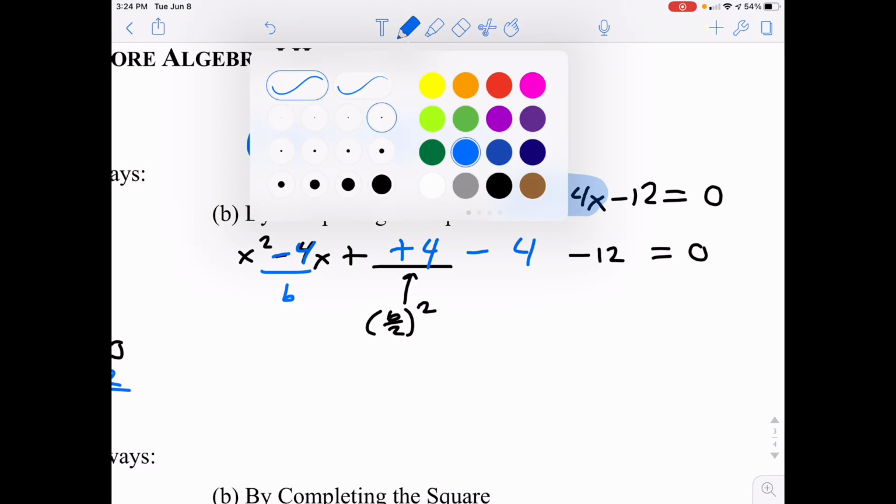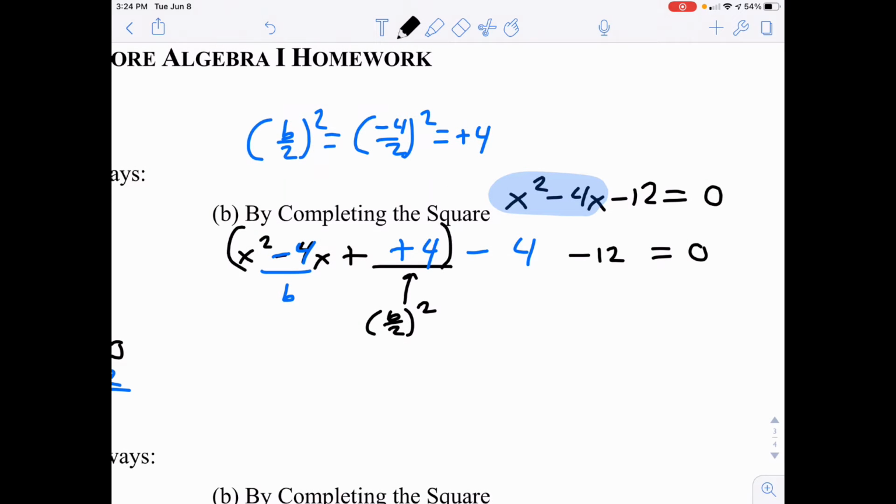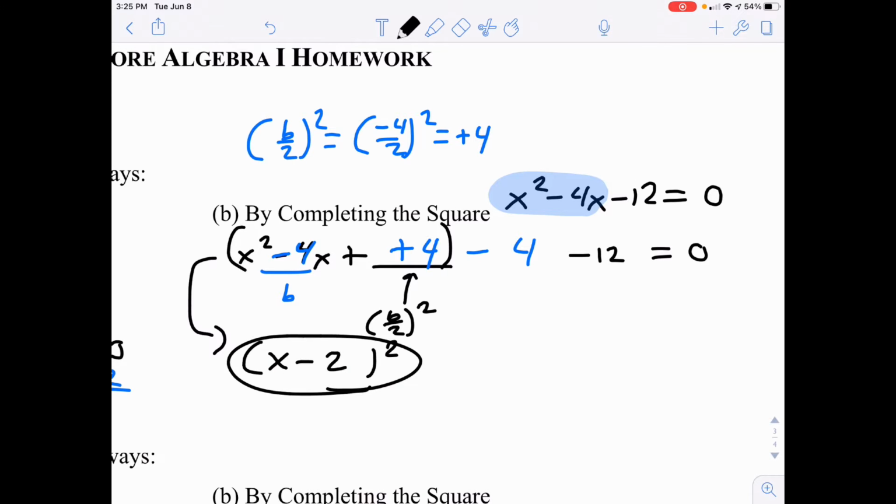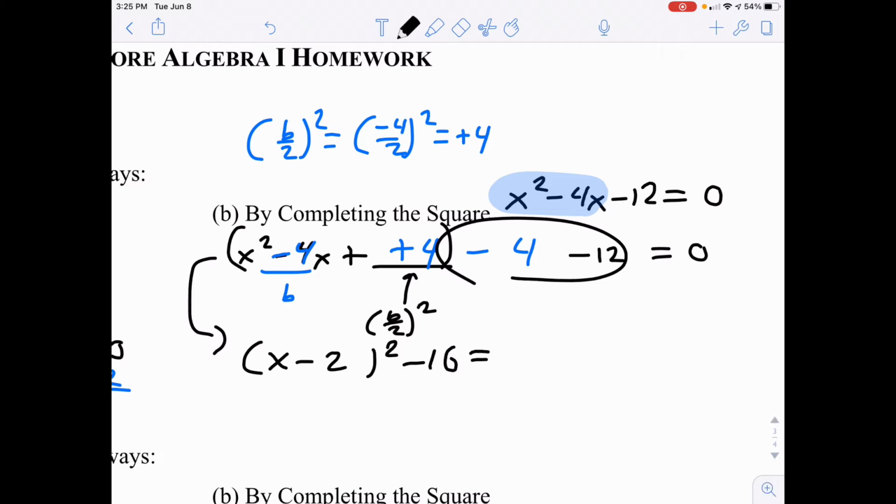The next thing I'm going to do is I'm going to section off this with parentheses, and I'm going to rewrite that as a perfect square binomial of x minus 2 quantity squared. So this is the same as this. Minus 16 equals 0.